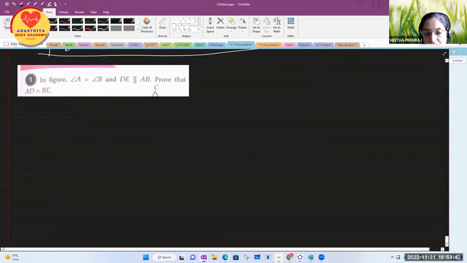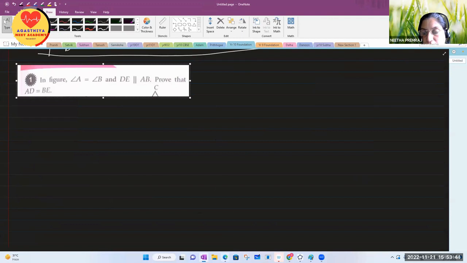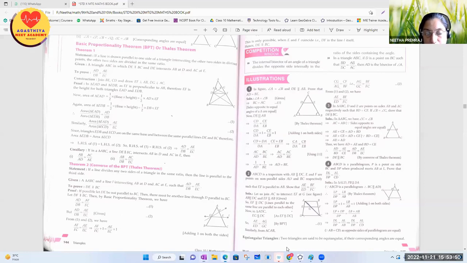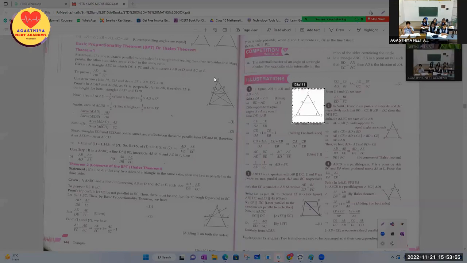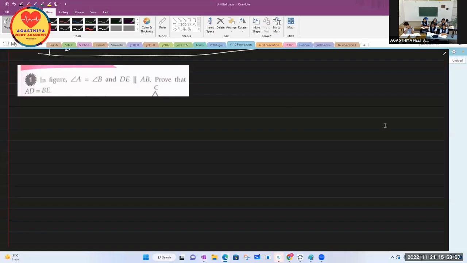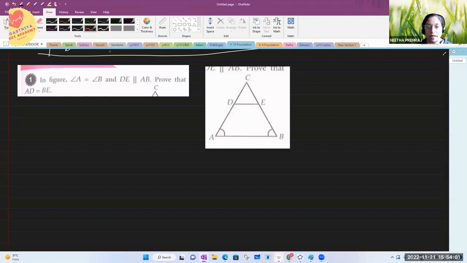Oh, the figure is given. We have to take the figure. Okay, see the figure. In the figure, angle A is equal to angle B. So this is what is given in the sum.